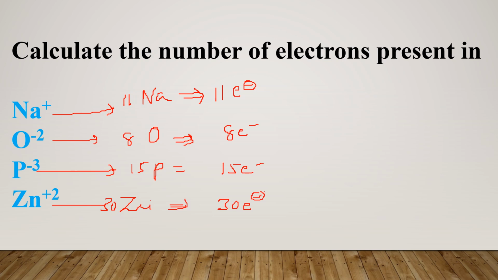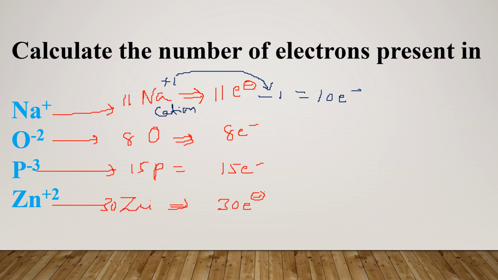But here, what happened? Charge is present on sodium, that is plus one. Plus one means by donating one electron, it is converted into a cation. If positive is there, you have to subtract, because an electron donor will become a cation.